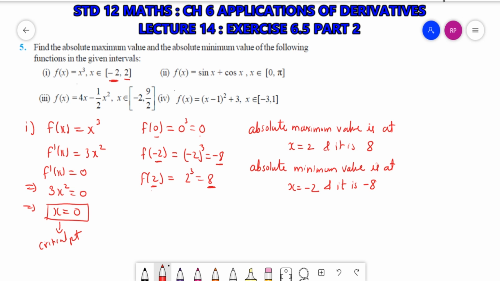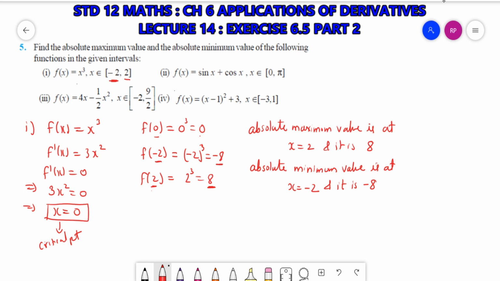Okay. So remember, for absolute maximum and absolute minimum, find out the value of f at critical point. And if the interval is from a to b, then find out the value of f at a and f at b. And then the maximum from all this will be the absolute maximum, and minimum from all this will be absolute minimum.